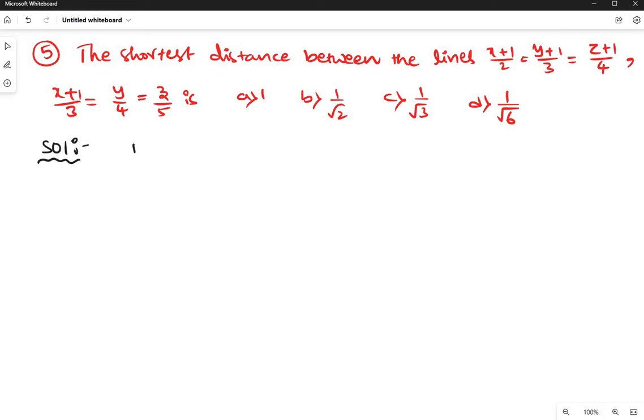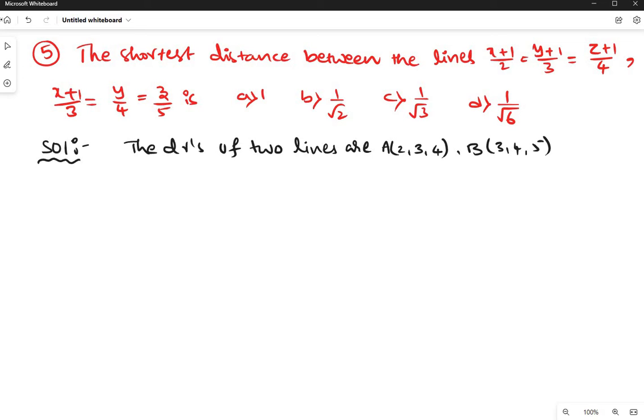The DRs of the two lines are: first one is 2, 3, 4, let us say it is a, and b is 3, 4, 5.